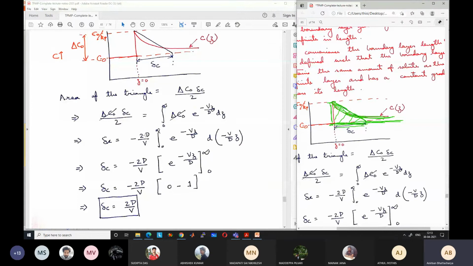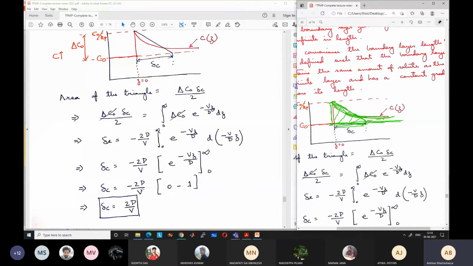The integral is e to the power minus Vz by d, going from 0 to infinity. At infinity, the value is e to the power minus infinity, which is 0. At 0, the value is e to the power 0, which is 1. So delta c is minus 2d by v times (0 minus 1), which equals 2d by v.